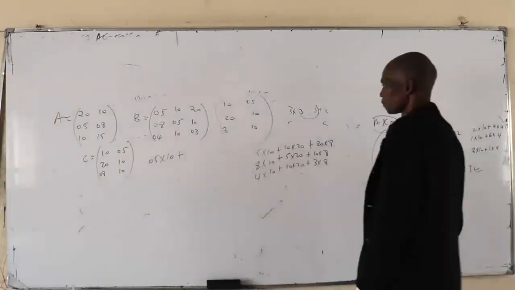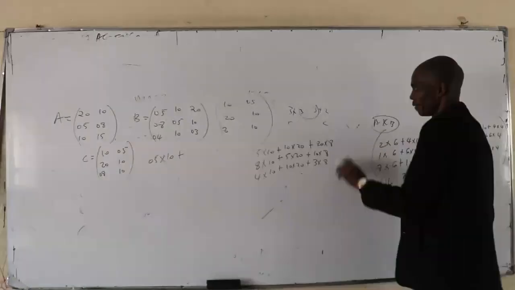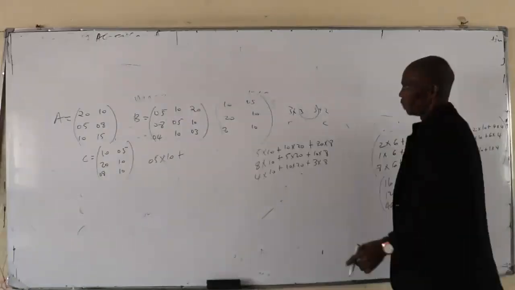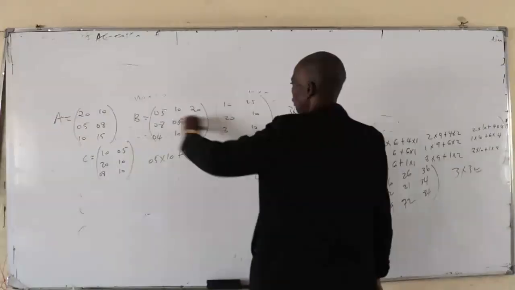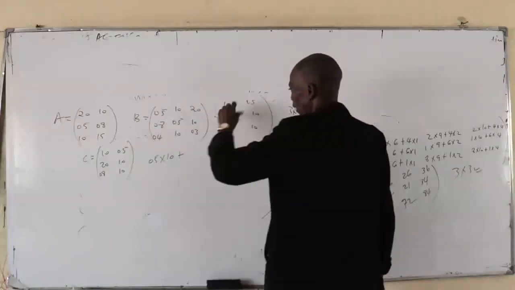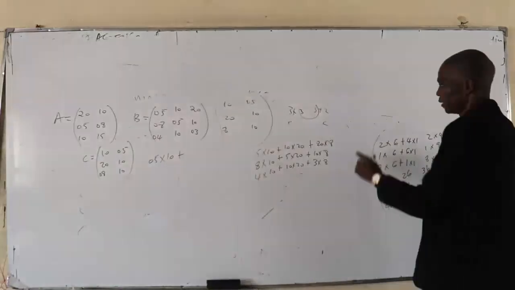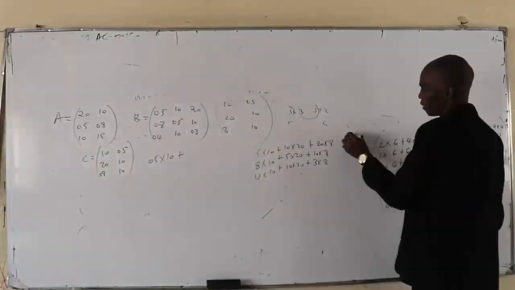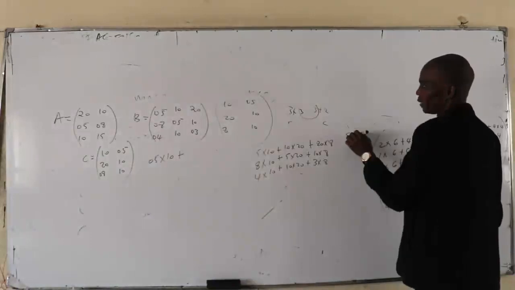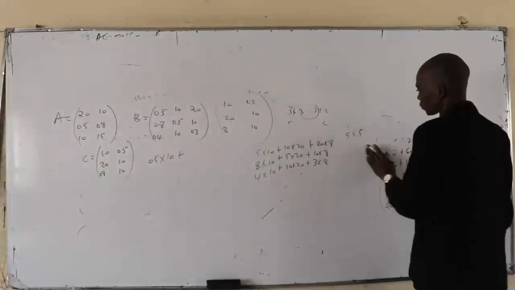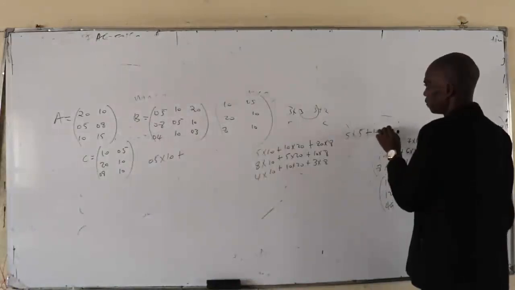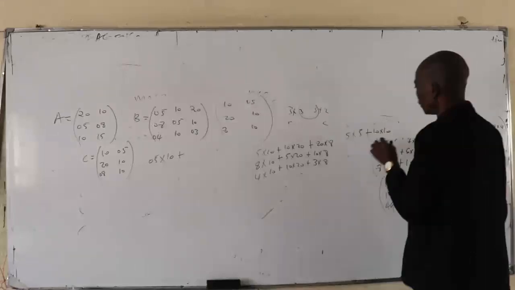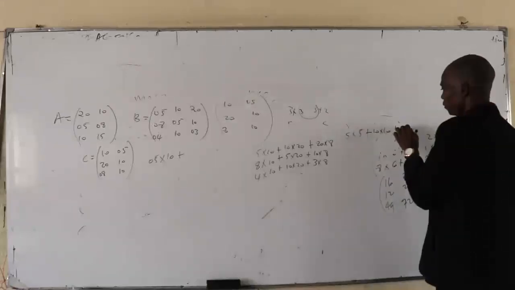Then we proceed. The next item here, it will be this row, this column, this row, this column, this row, that column. We shall be having 5 times 5 plus 10 times 5, 10 times 10 plus 3 times 10.